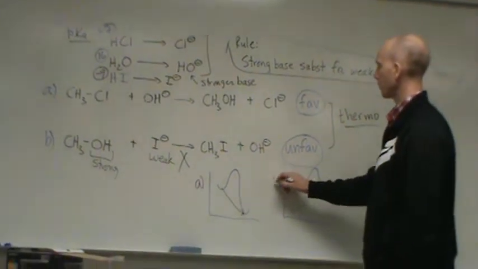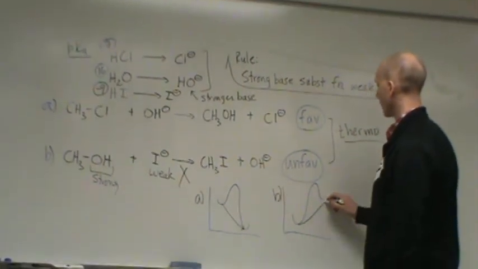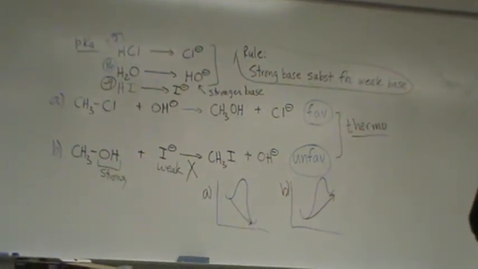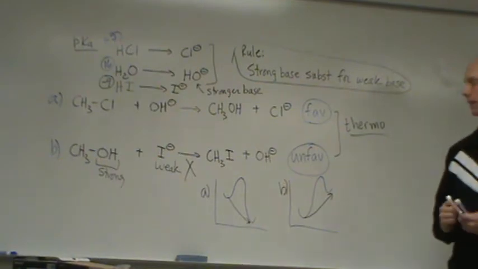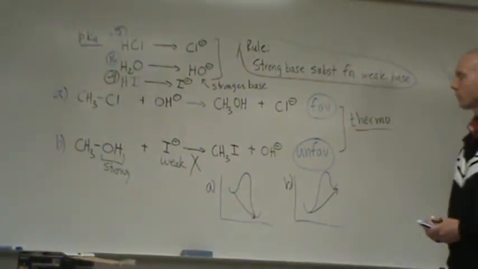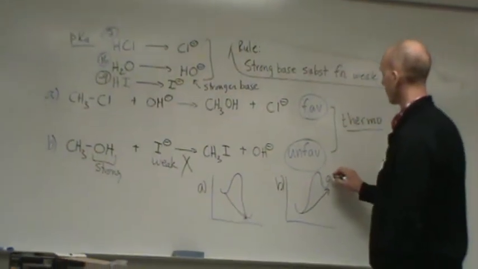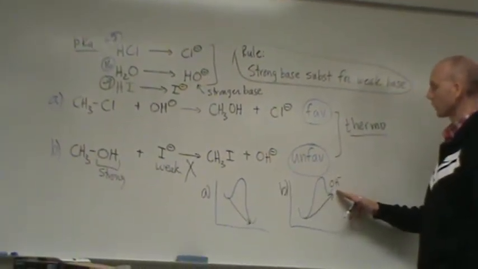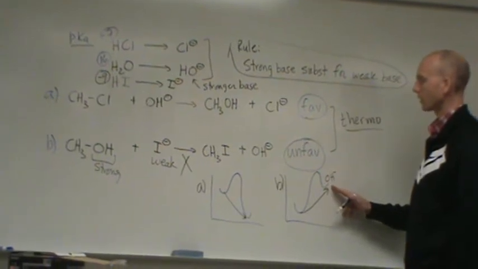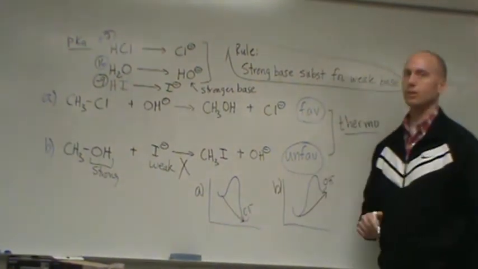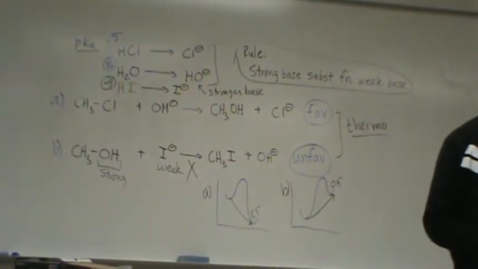This one would be B, because I'm going uphill, unfavorable. That shows that the product is not very stable. OH minus has instability with it, so it's higher energy. But over here, I have Cl minus. I like that. It's very stable.